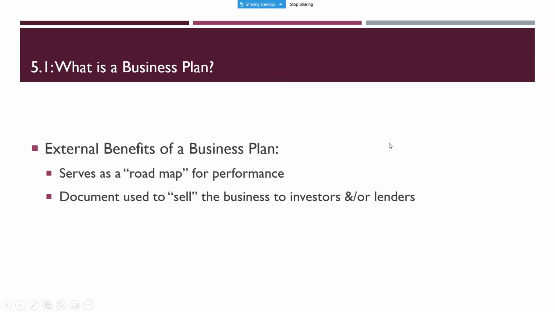So the external benefits of that business plan: not only a roadmap for performance from the outside perspective, but a document used to sell that business to the investors and or the lenders. This is why you should invest in this business. I try to paint a somewhat rosy picture and not bring the mood down too much. But yeah, you want to be realistic as well.